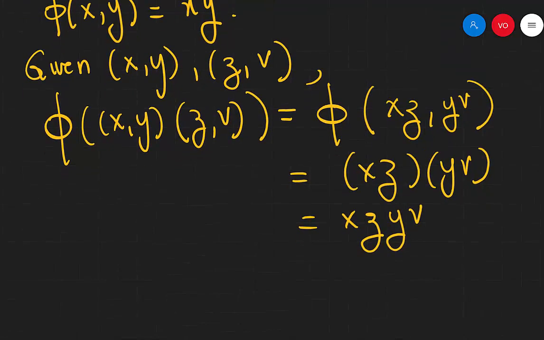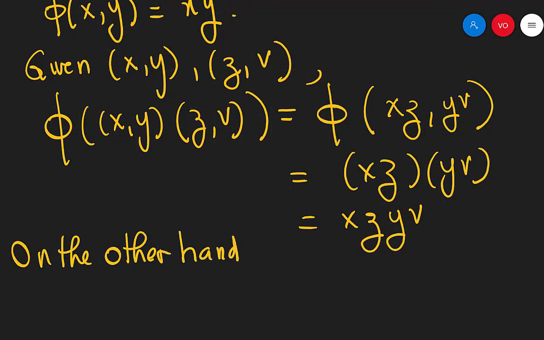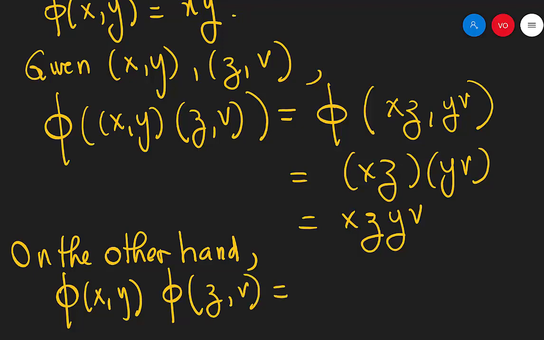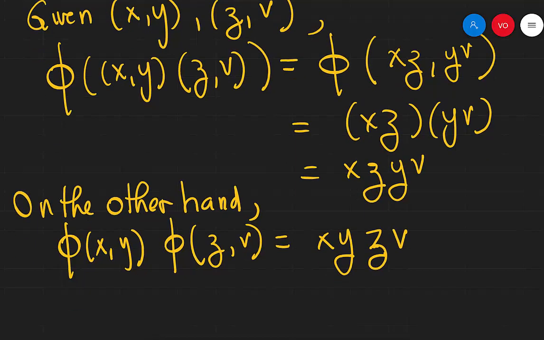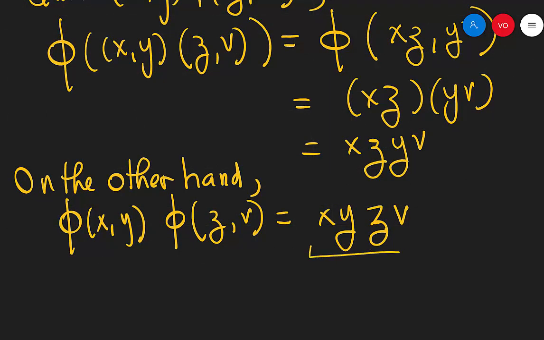Now, on the other hand, note that if we take phi of x, y combined with phi of z, v, we get x y times z v. And so to show that we have a homomorphism on our hand, we just need to check that these two things are the same, right?